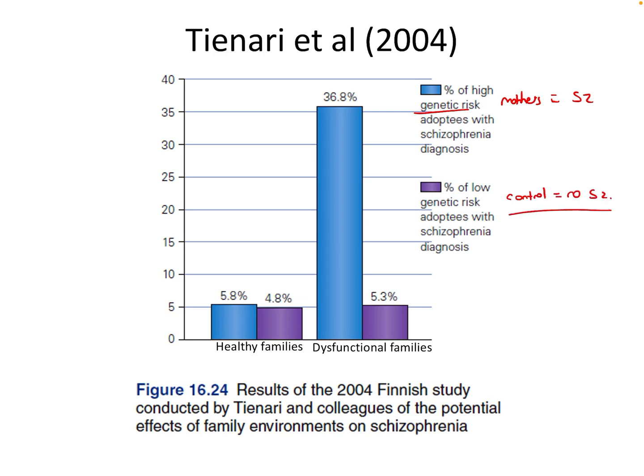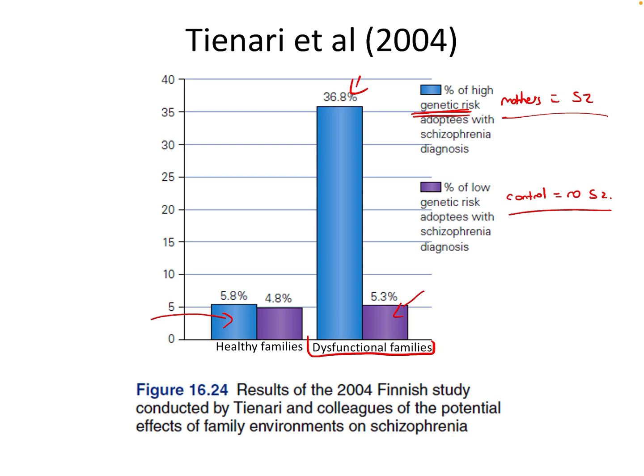So we can see here that the only group that had an increased risk of developing schizophrenia were those that had a high genetic risk, i.e. their mothers had schizophrenia, and those that were adopted into dysfunctional families. There is no increased risk for the children who had mothers with schizophrenia who were adopted into healthy families, and there was no increased risk for people who were in dysfunctional families with a non-schizophrenic mother.